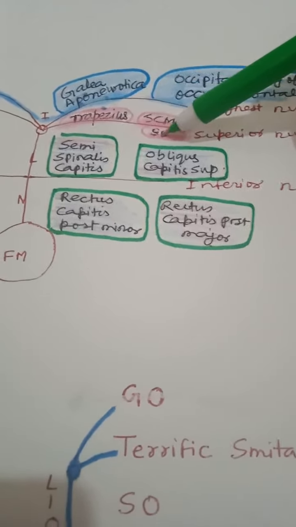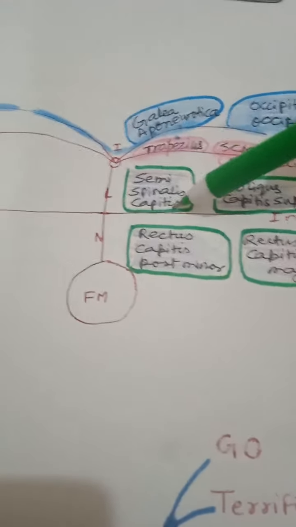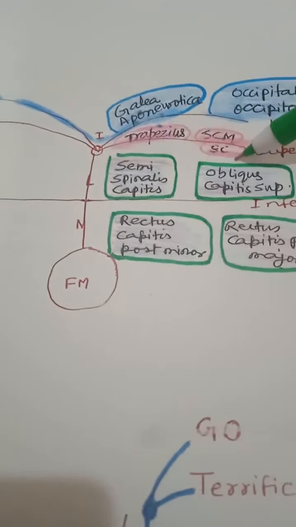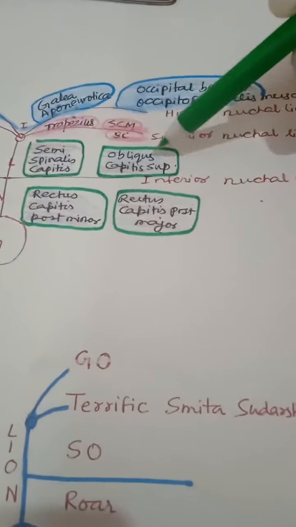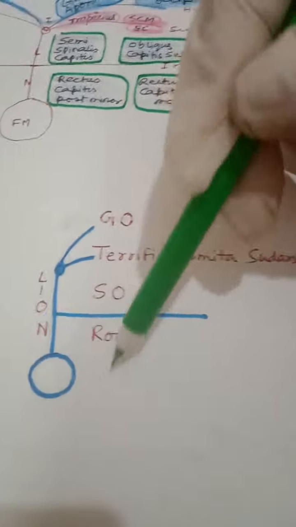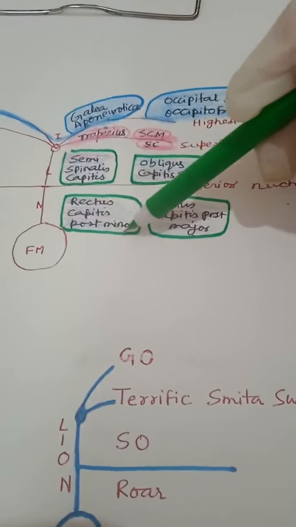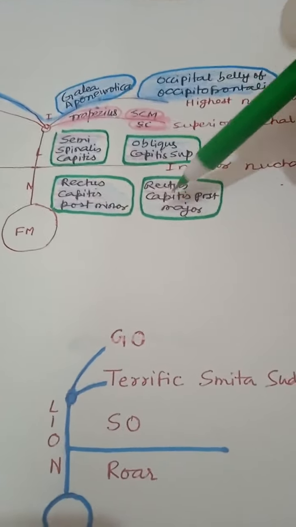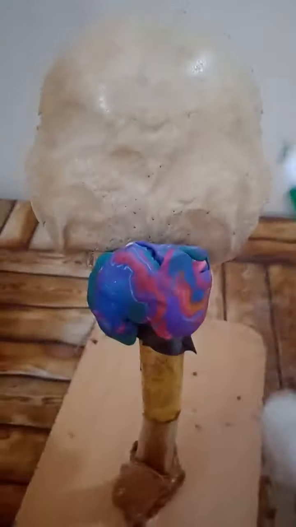Here also is semispinalis capitis, not splenius capitis, and O for obliquus capitis superior. And roar, R: this is rectus capitis posterior minor and rectus capitis posterior major. Minor is always protected by major. So the arrangement is like this.